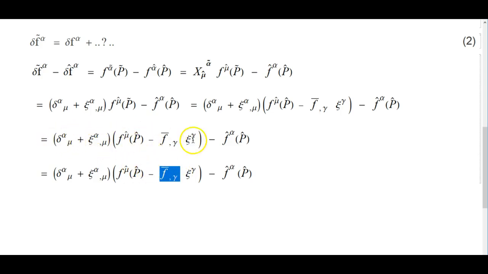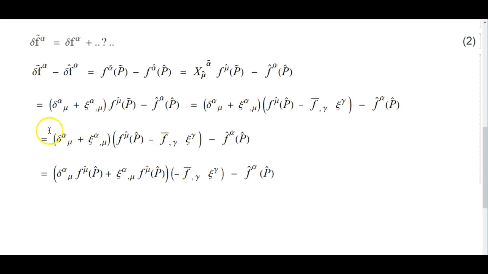There will be a total of 4 terms, and the fourth term will be gone. Okay, let's write one by one. Delta alpha mu with respect to f mu caret p caret. Okay, this will come here, and this will come here.